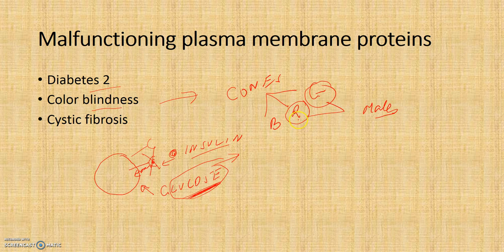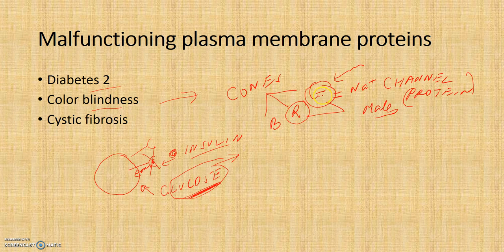When light of a particular wavelength hits a cone, the photopigment inside the cone gets excited, and the sodium channel proteins, these channels, will close.